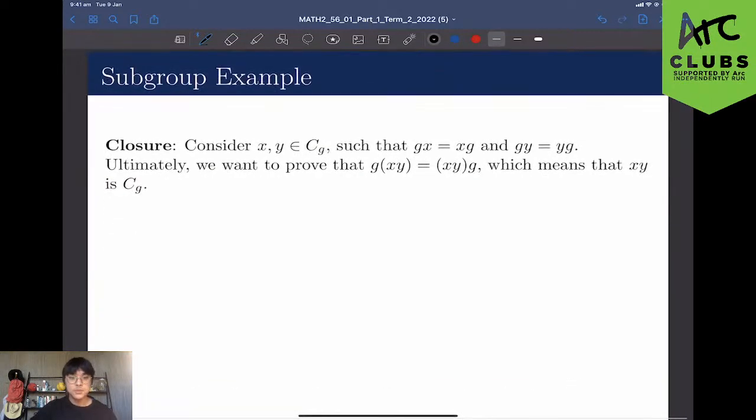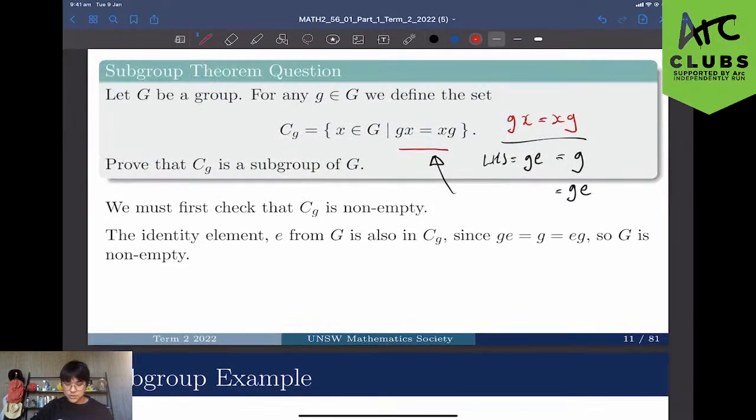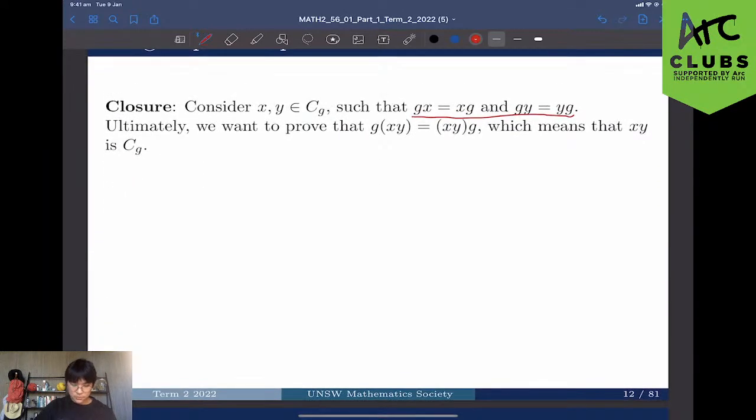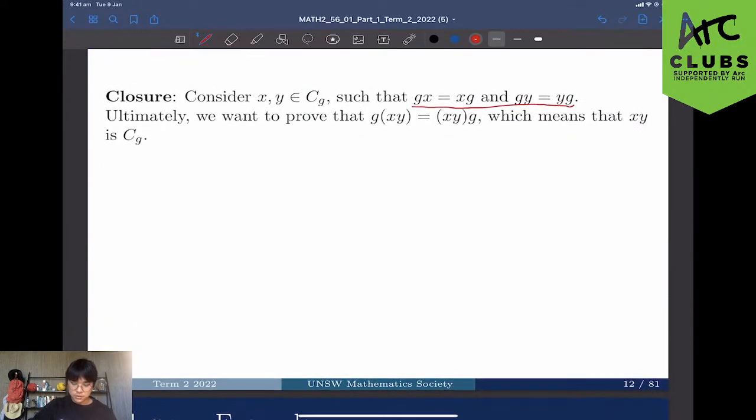So then we check closure. So consider that we have two elements of CG, and since we have these two elements of CG, we know that this is true. Because if they're in CG, they have to satisfy this rule. So to prove closure, we want to show that xy is going to be in CG.